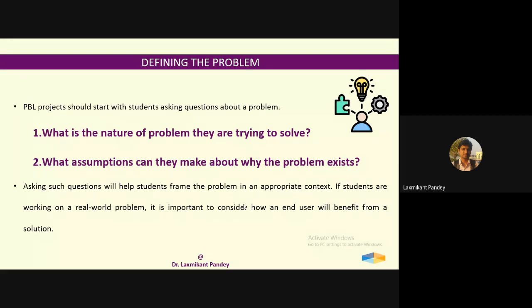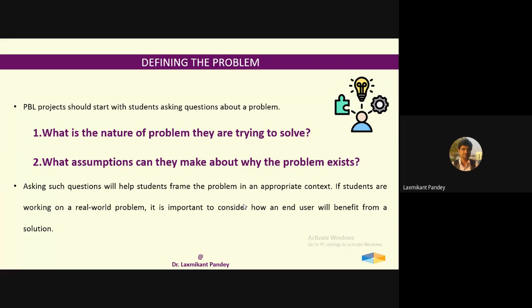So what kind of students are you catering to? According to the type of students and their skills, on that basis only you can give the problems, and because of that problem, students are going to get involved in that particular solution. That is a very important thing.